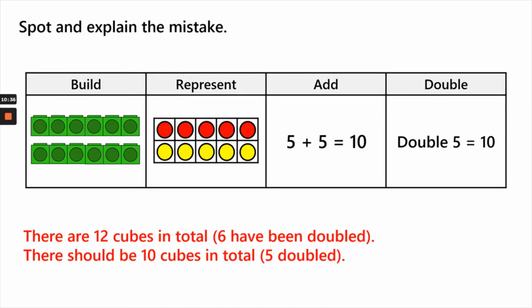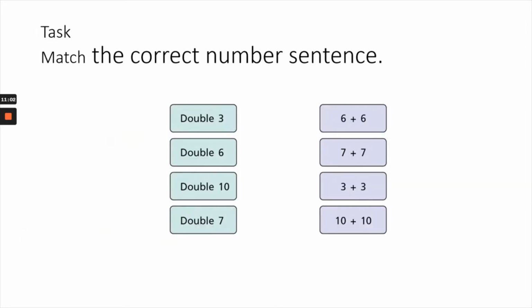If we built 5 add 5 with our cubes or our counters in class, it wouldn't look like that. There are too many cubes. We are doubling 5, so there should have only been 10 cubes altogether. 2 equal groups of 5 to represent our doubling sentence. That was a tricky question, so well done if you spotted the mistake.